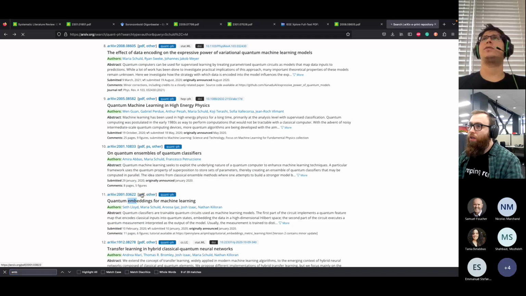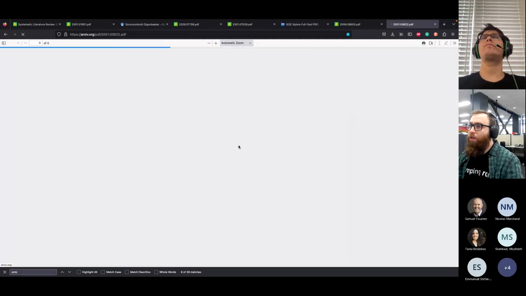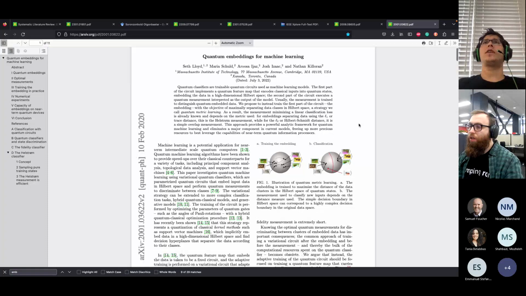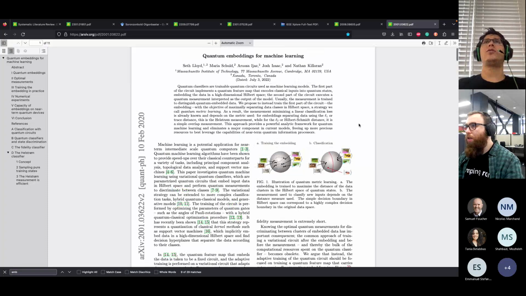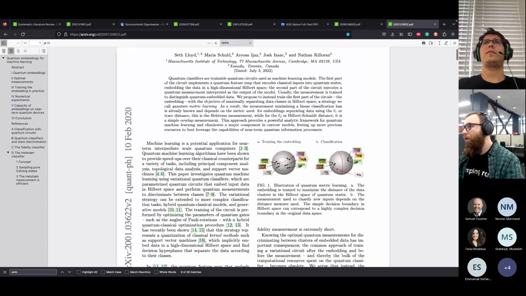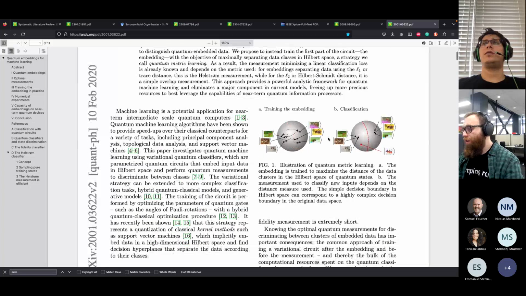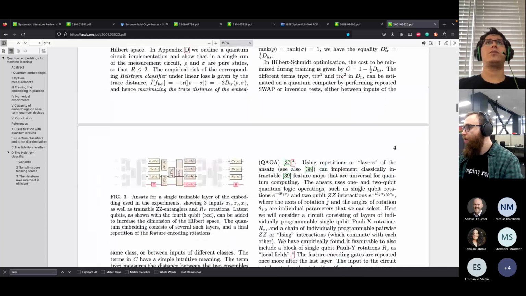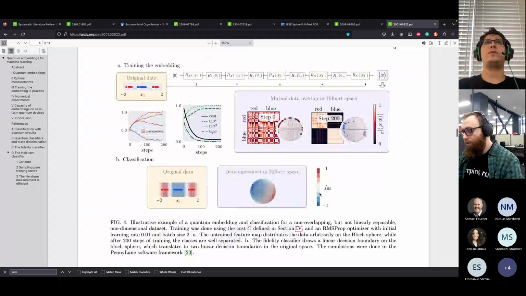Quantum embeddings, I think it is this one. Okay. So in this paper, what they're trying to do is the following. Let me go back to the figure I'm looking for.